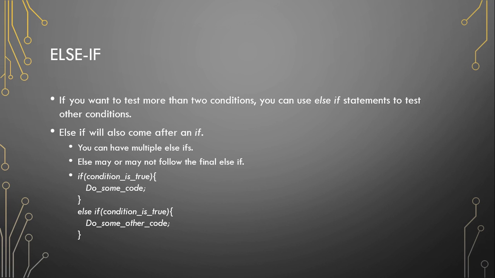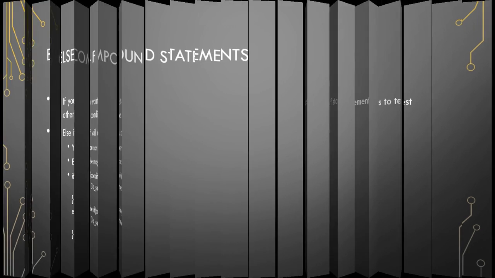Else does have to go at the end, but it's not necessarily required. You can have just if and else ifs. So if a condition is true, do some code. Else if a condition is true, do some other code.